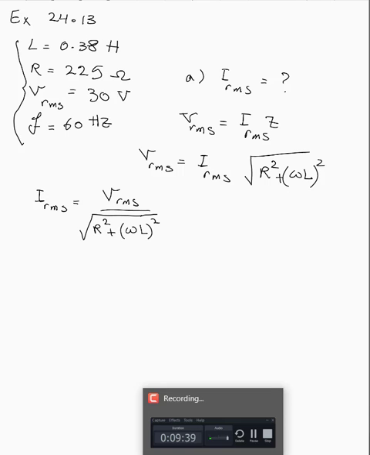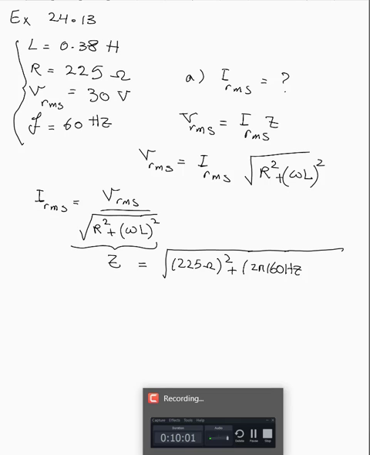Because we're going to use this impedance, it's really useful if we find its value separately. So this is going to be the square root of 225 ohms squared plus, omega is 2 pi f, so 2 pi times 60 hertz times 0.38 Henry, and all this squared.